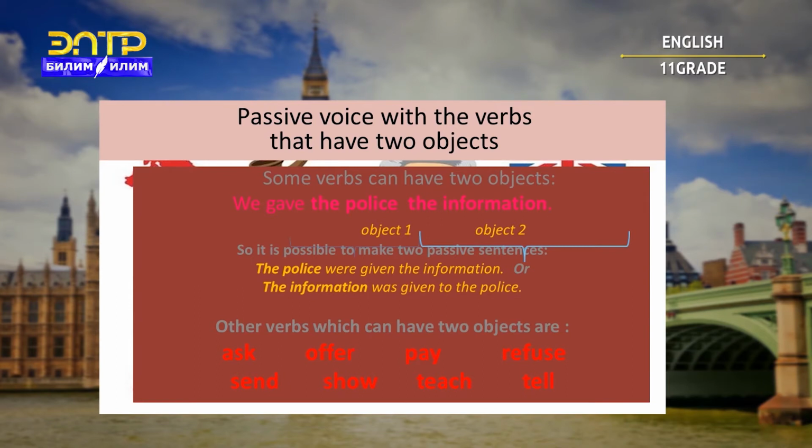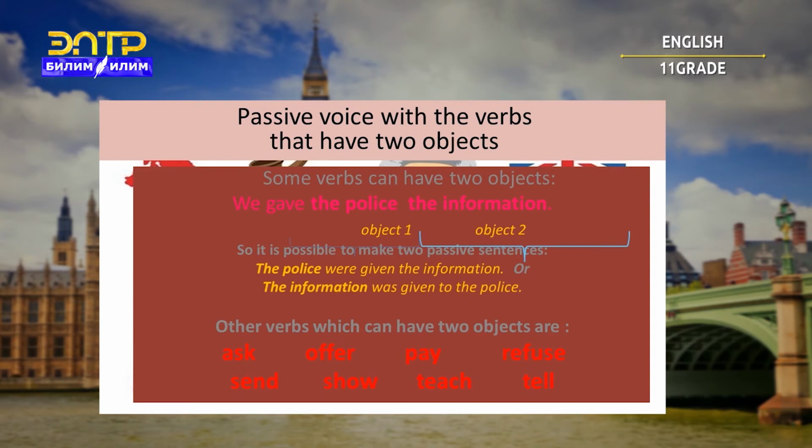Passive voice with the verbs that have two objects. Some verbs can have two objects. For example, we gave the police the information. We use object one and object two. So it is possible to make two passive sentences.